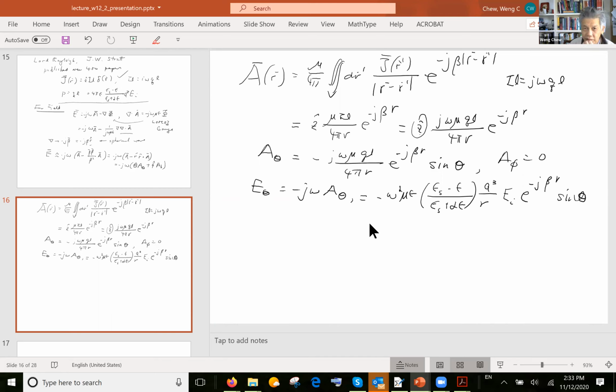Okay, and this is a spherical wave that emanates from this little dipole. And this is a Hertzian dipole. And if you are in the far field of this Hertzian dipole, you can use plane wave physics. Spherical wave becomes local plane wave.